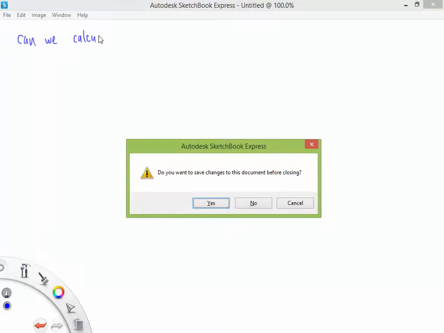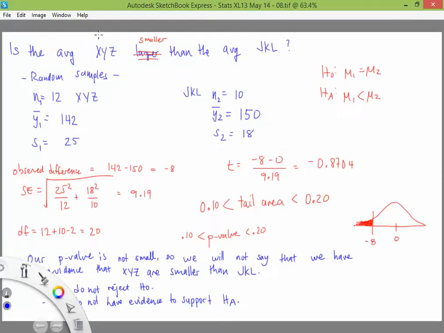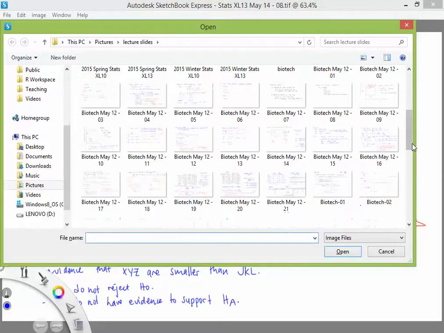Is that okay? Moved on. All right. So can we calculate correlation for? Is there a problem? No, it's just funny. I can go back. Oops, that's not the one I want.